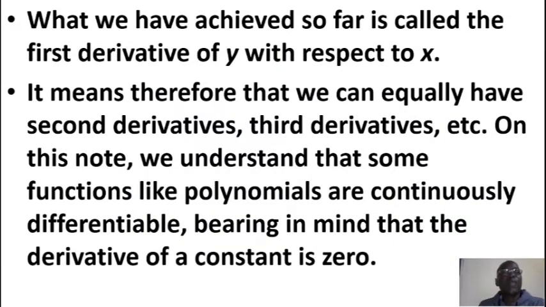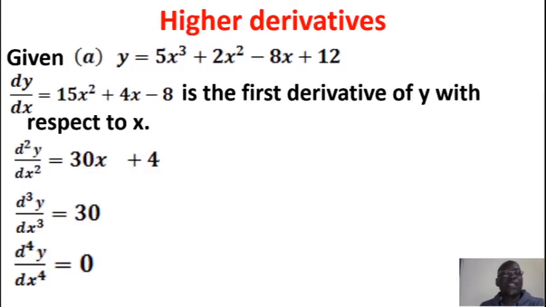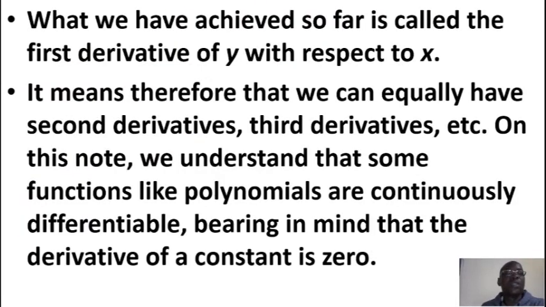What we have achieved so far is called the derivative of y with respect to x, the first derivative of y with respect to x. The first derivative is just the first differentiation that you did.